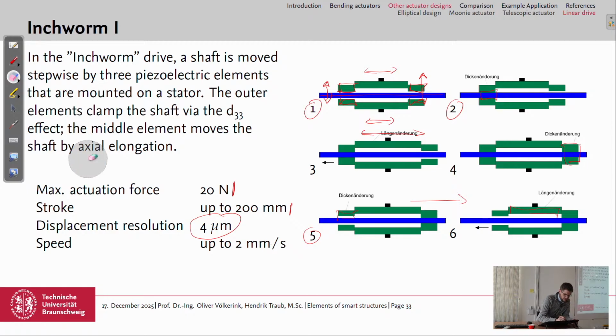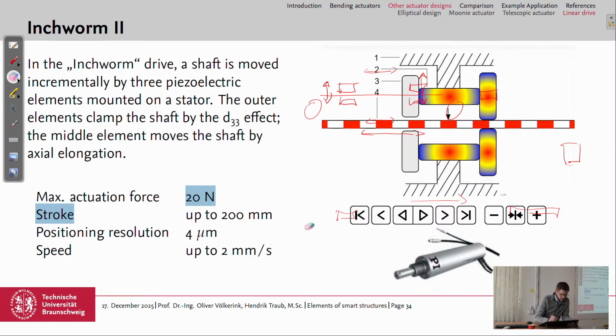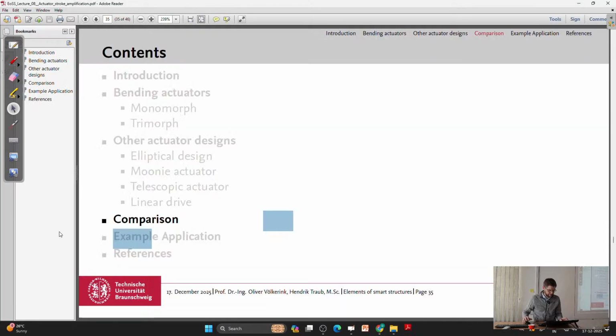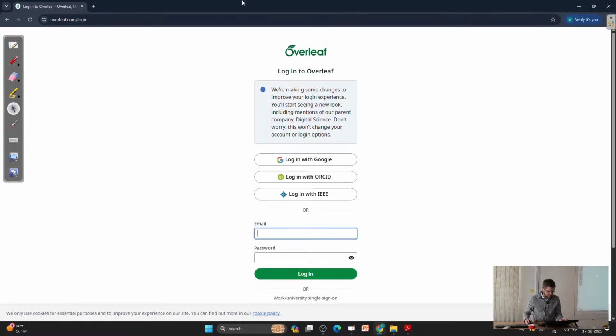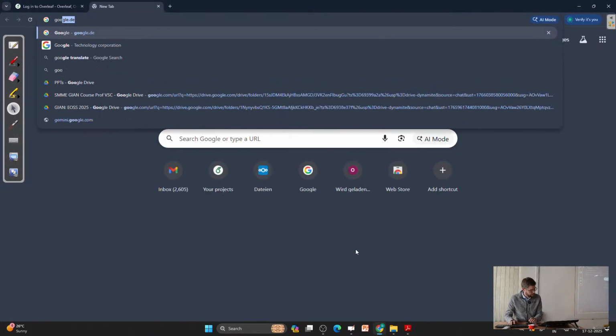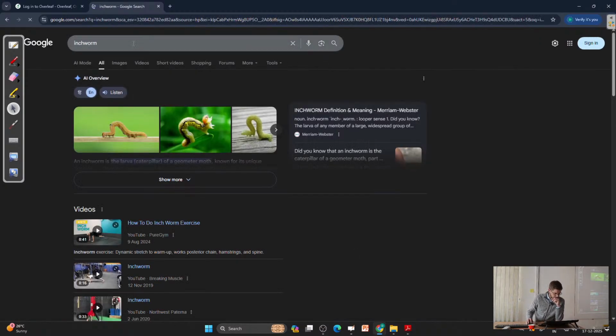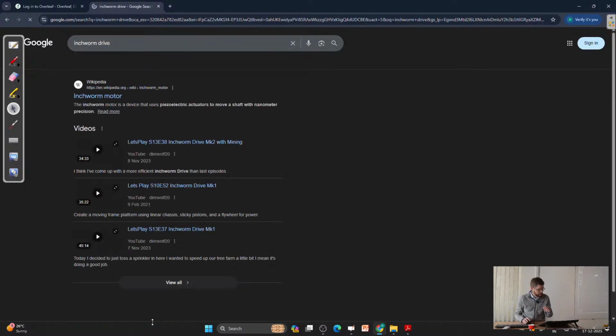And let me quickly go through an animation. I missed loading it before, but we can look it up directly here. So it's the same inchworm drive, which is this one I was looking for.